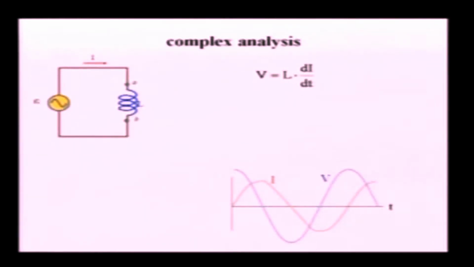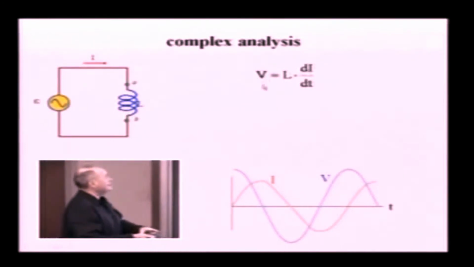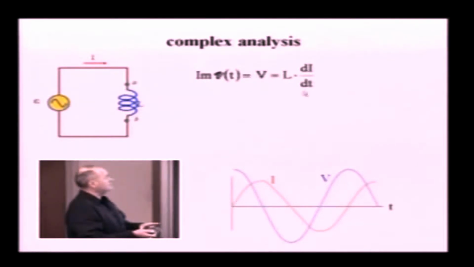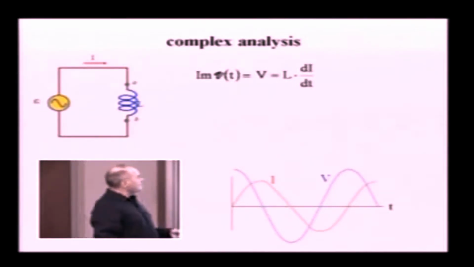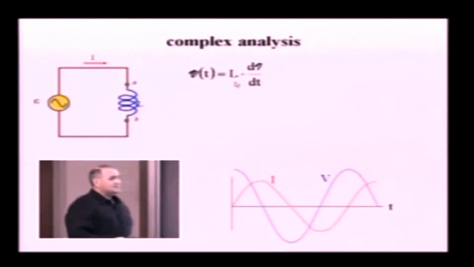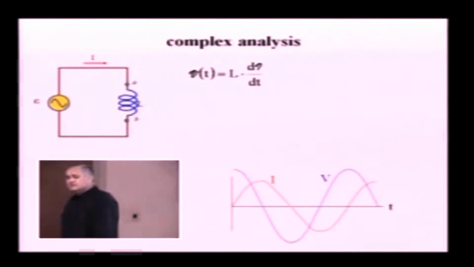And I recognize that here I have that voltage is the imaginary part of the complex voltage and current is the imaginary part of the complex current, and since when we calculate the derivative of a complex number we separately calculate the derivative of the real part and imaginary part, and since L is a real number, I can recognize that this expression is the imaginary part of such a product. So I can now relate complex voltage and complex current by the same relationship as voltage and current are related.